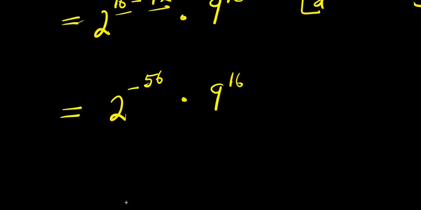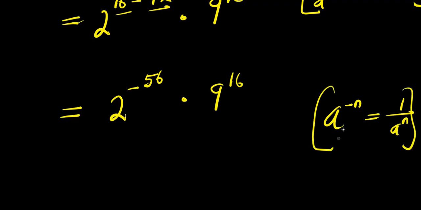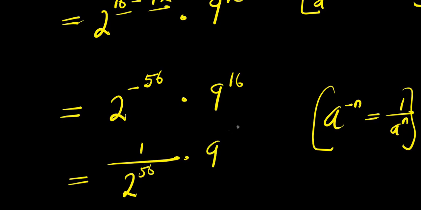Remember, A power negative n equals 1 divided by A power n. So 2 power negative 56 is the same as 1 divided by 2 power 56, times 9 power 16.